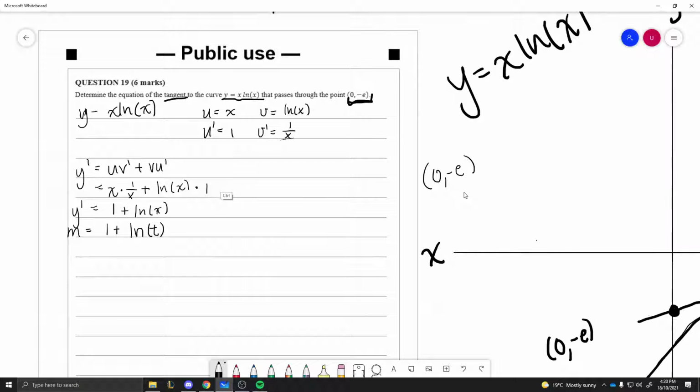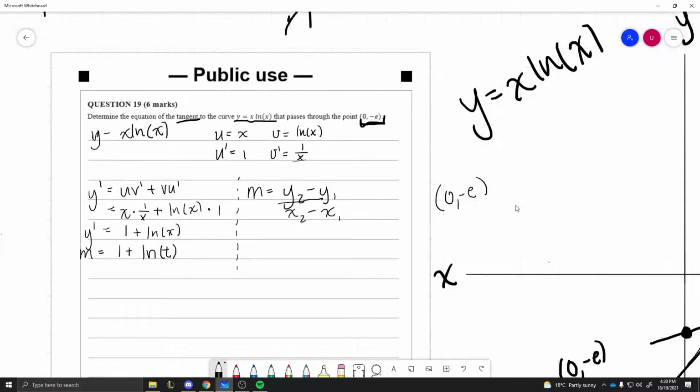At that point, there is another straight line gradient equation: m equals y2 minus y1 over x2 minus x1. Because you're taking 2 points and then taking the average gradient, the rate of change.